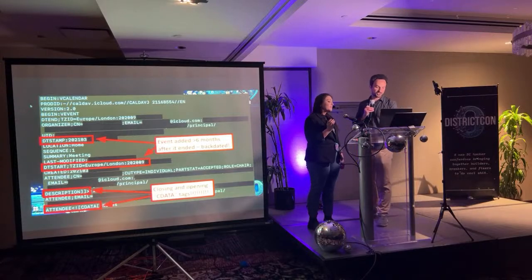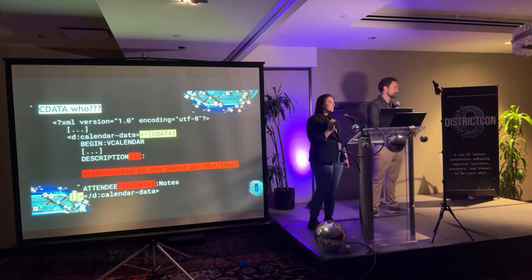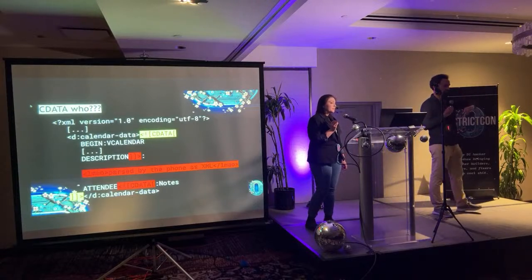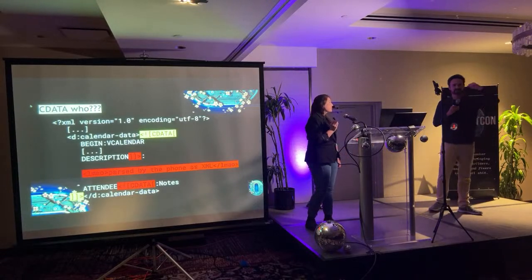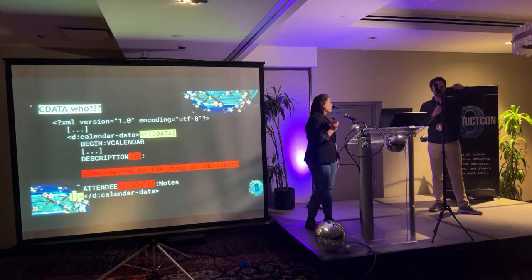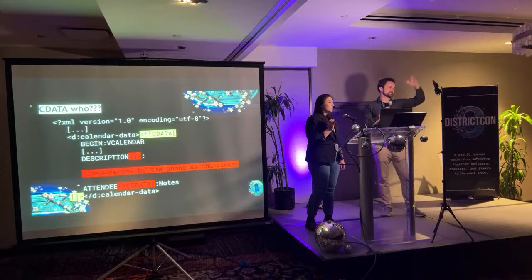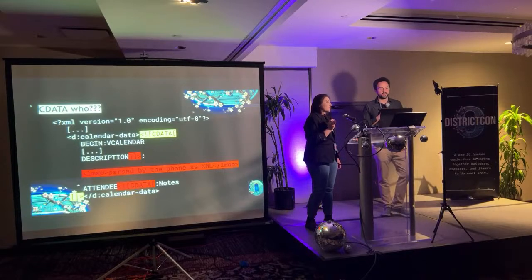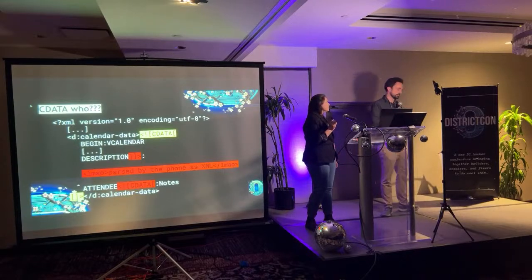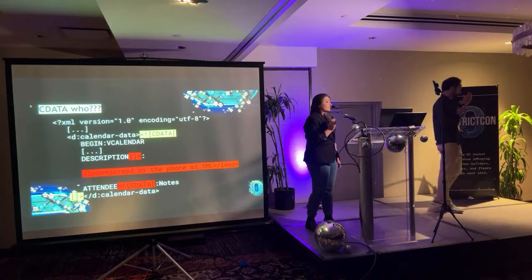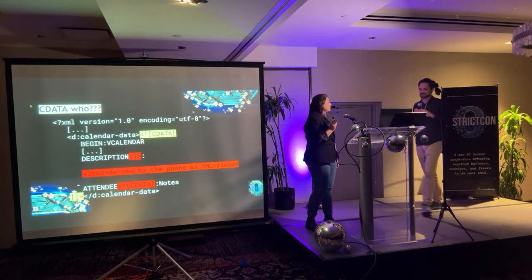As I alluded to earlier, what's going on the wire between the phone and the server is this iCalendar plain text blob is being thrown into the middle of an XML blob, which is the CalDAV WebDAV thing, and the calendar event is included within opening and closing CDATA tags.